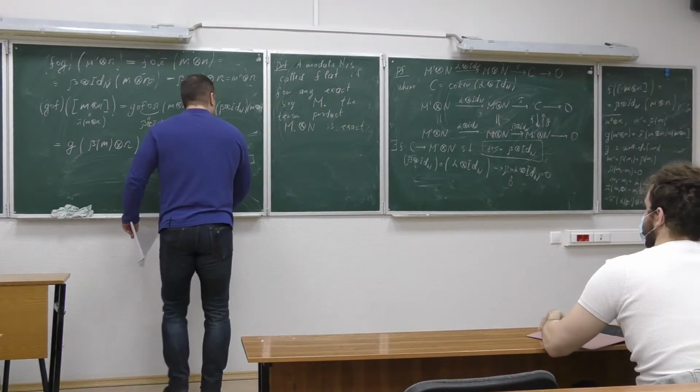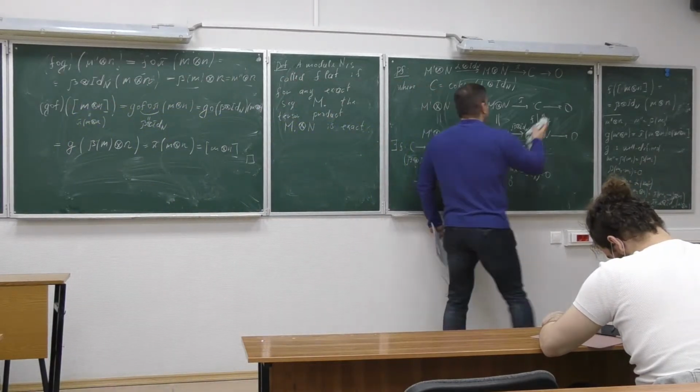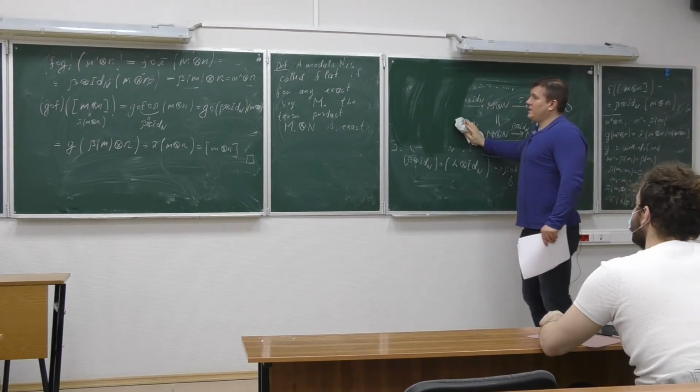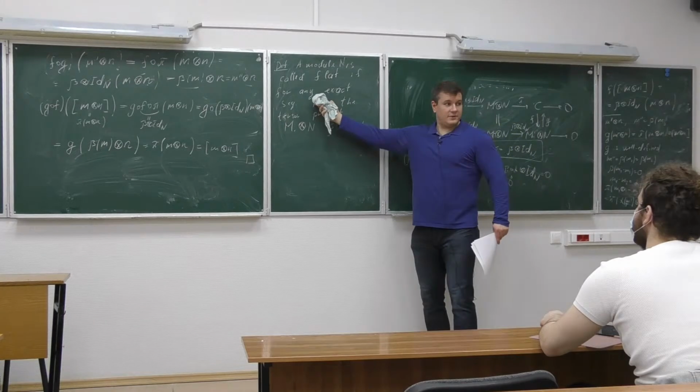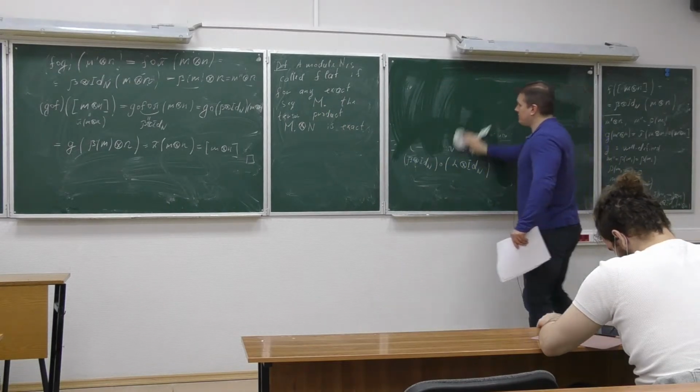That's quite a general definition of a flat module. It preserves the exactness by tensoring with this module. This is any exact sequence, not necessarily finite, but we're going to see in a minute that short exact sequences are enough.